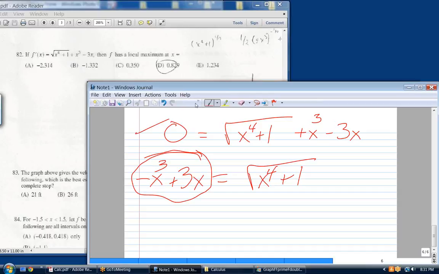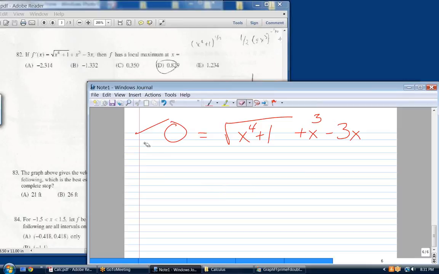So as long as you're allowed to use your calculator to solve for x, and you know how to do it, then that would be your answer. We can always put in that number. In other words, we can almost back solve this.